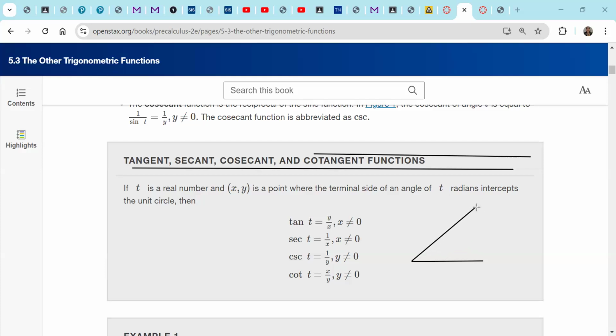So if I drop a line right here, let's say right here, and then this angle was marked as the angle T. So from T, this side is hypotenuse.